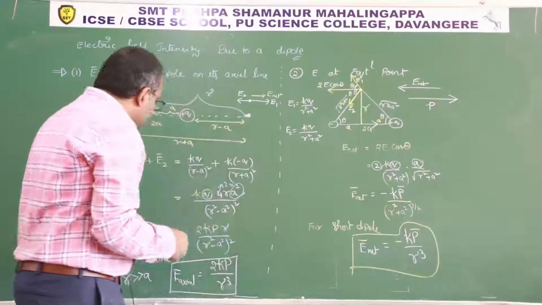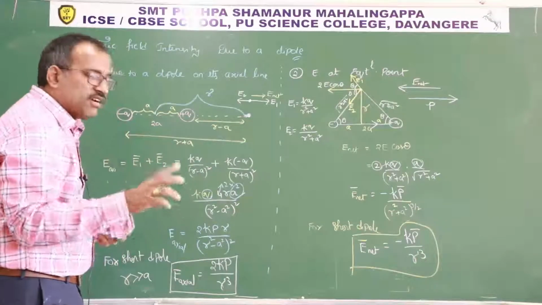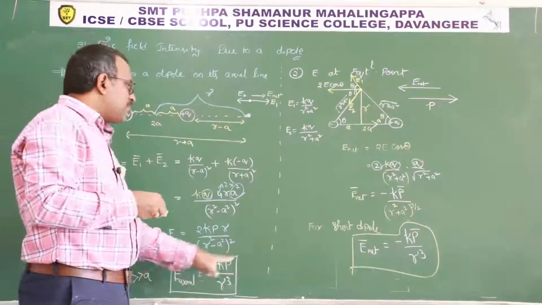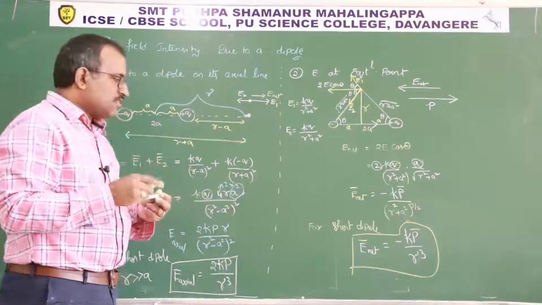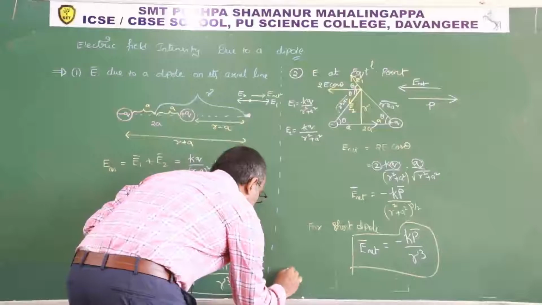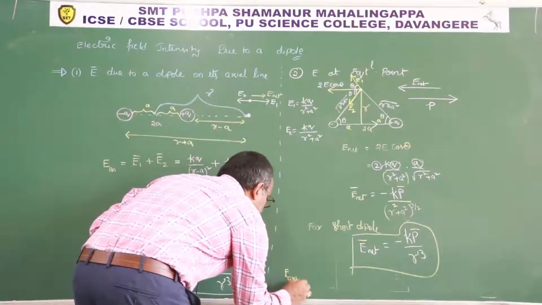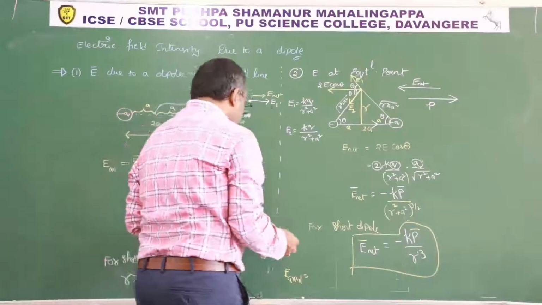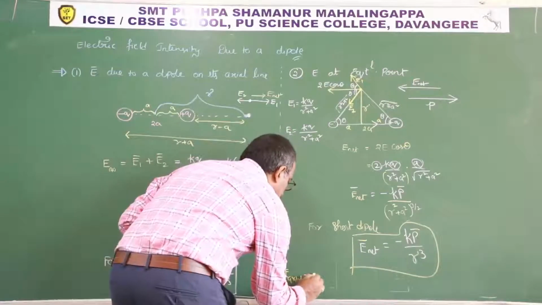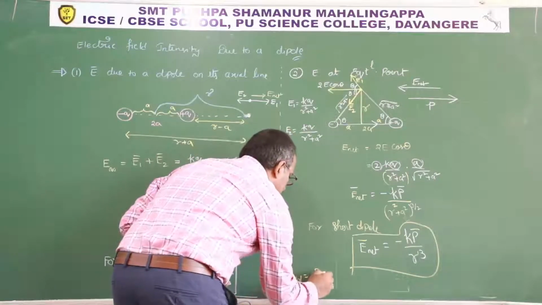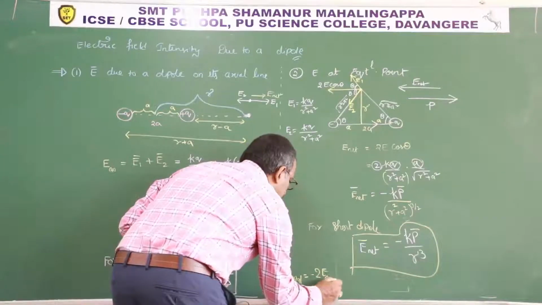What is the difference between this and that? In magnitude, this is double of that. So I can relate them: E axial is equal to minus 2 times E equatorial.